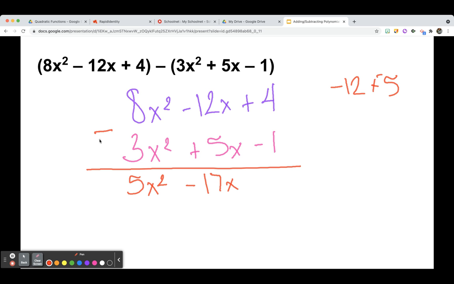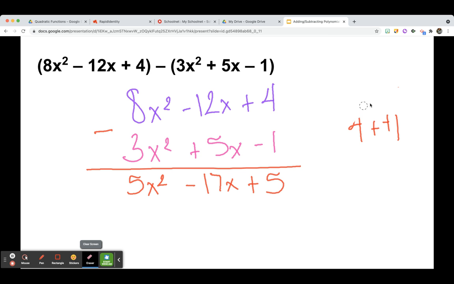Then I have 4 minus negative 1, and 4 minus negative 1 changes into a positive 5. So there's one way to do your subtraction. I am going to show you another way as well. You could, if you wanted to, distribute that subtraction sign through. With that being said, I'm going to erase this over here off to the side.